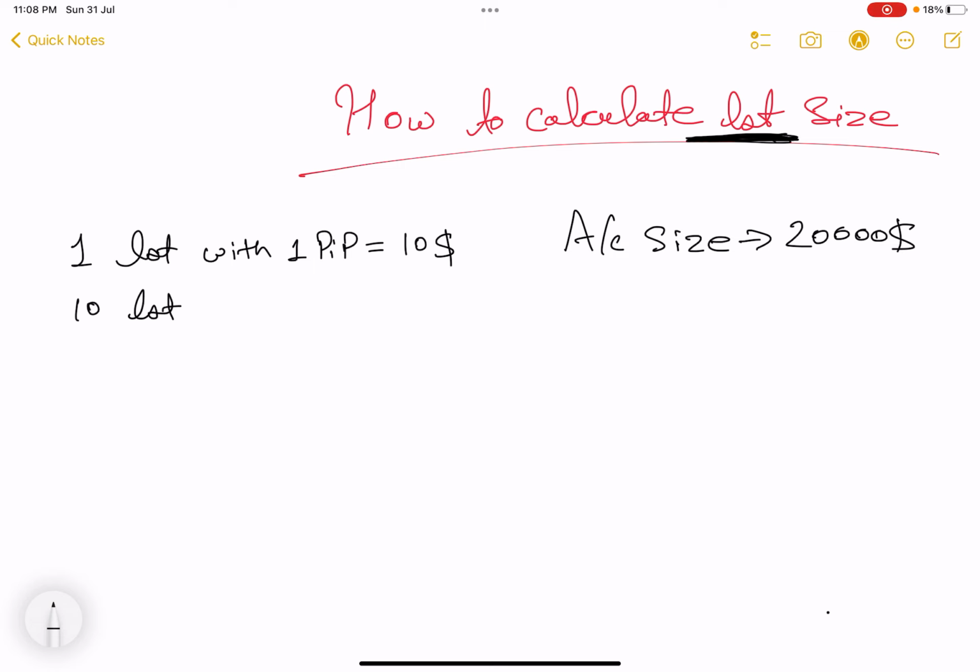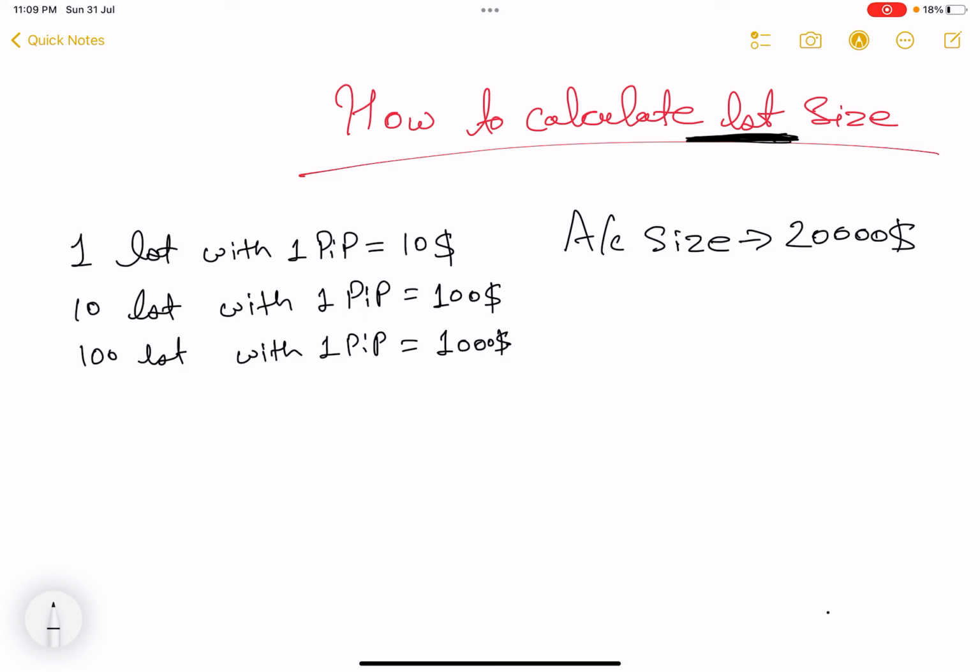10 lot with one pip equals $100. 100 lot with one pip equals $1,000.